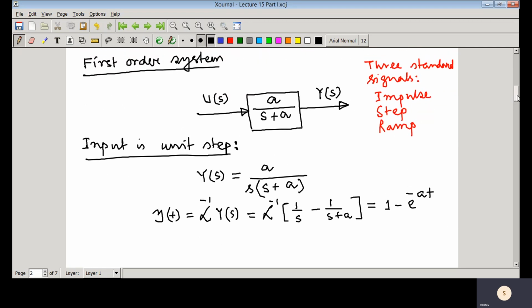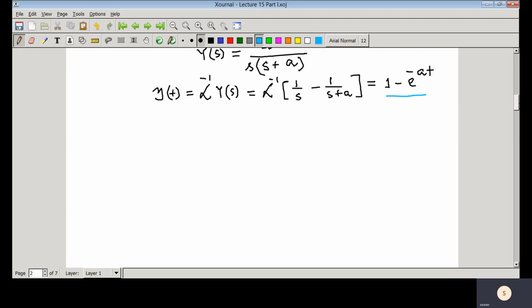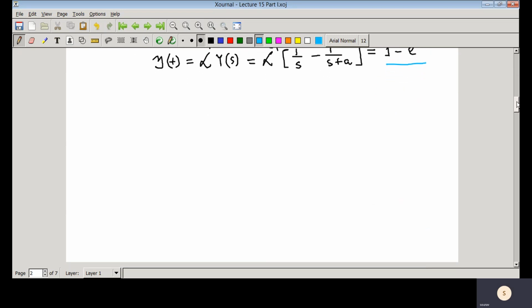So that means whenever you apply a unit step input, you have this response. So now let us draw this response. This is the time axis, and here you have y(t).